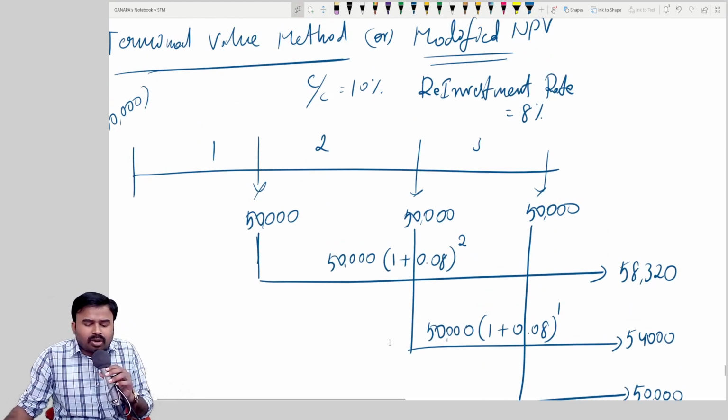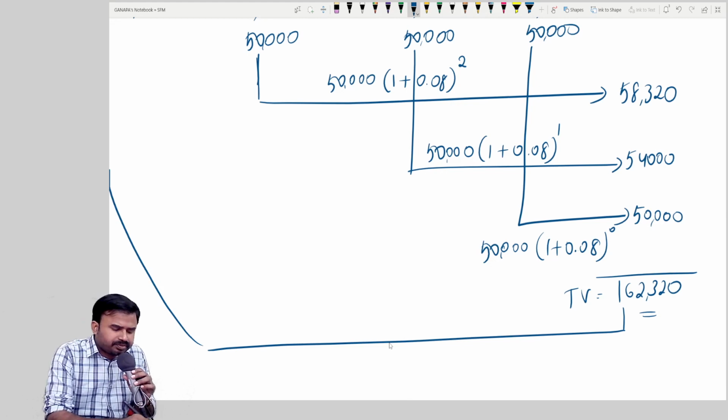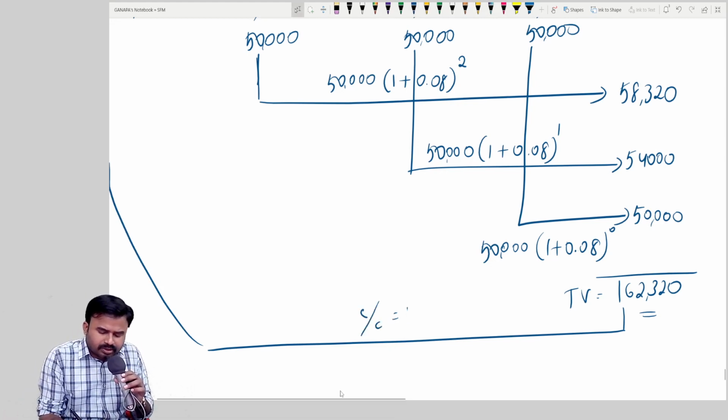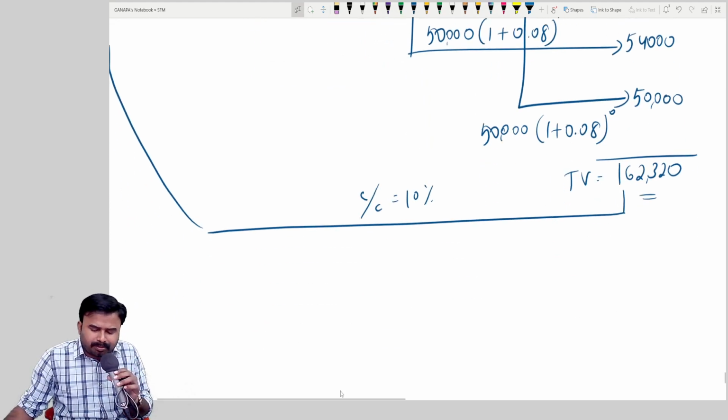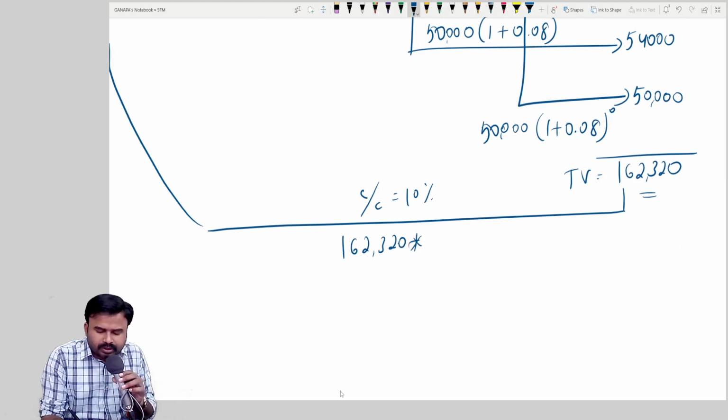Now discount this terminal value at the cost of capital rate. At which rate? 10%. That means simply 1,62,320 into 1 by 1 plus 0.10 whole to the power of 3.